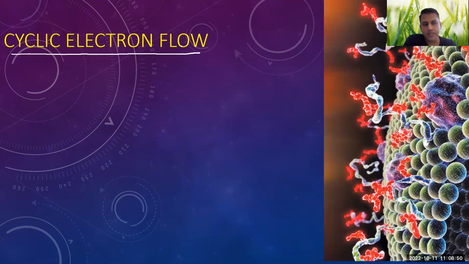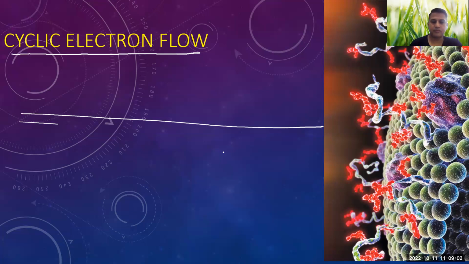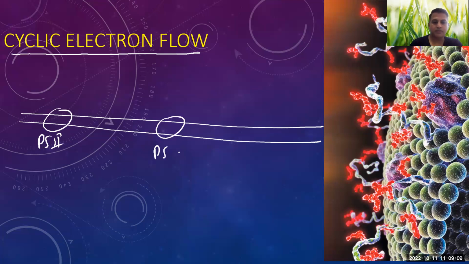Why is its significance less? If we look at everything we learned so far, this is the thylakoid membrane, photosystem 2, photosystem 1.